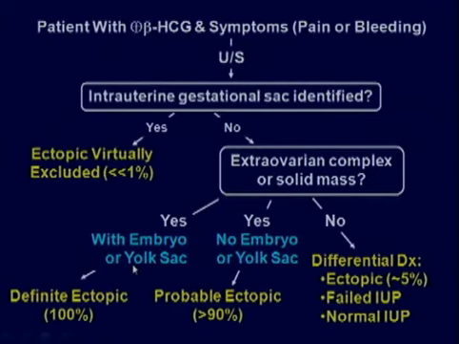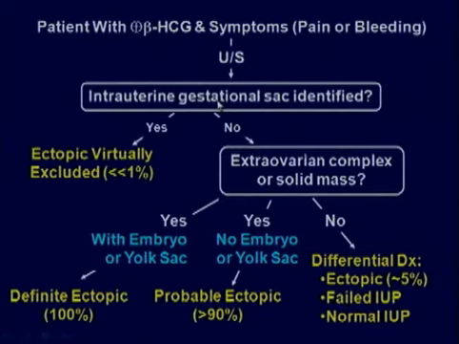So if we see a complex mass outside the ovary in the adnexa with an embryo or yolk sac, we've diagnosed a definite ectopic pregnancy. Likelihood is 100% of ectopic because we've seen the embryo or yolk sac. If the answer is yes, there is a mass in the adnexa, but there's no embryo or yolk sac, then the likelihood of ectopic is not quite 100%, but it's very high, over 90%.